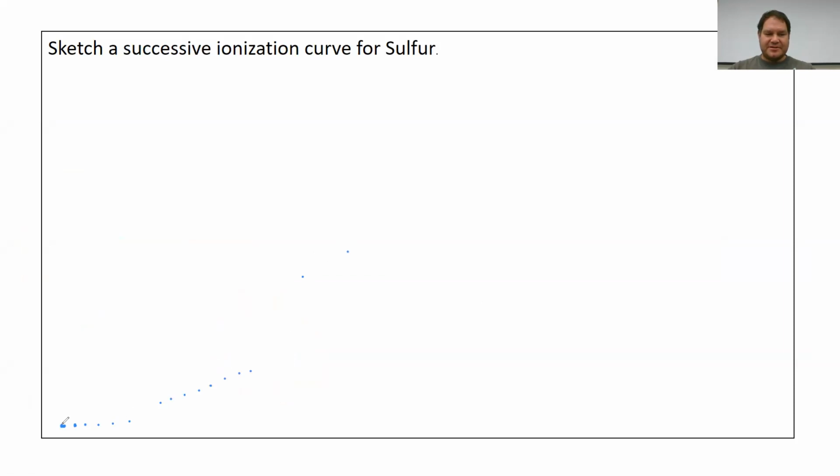So here's our first energy shell, our jump, and then our big jump between the second and first. So something like this. I know it's a crude, rough draft copy, but you get the idea. So that is the successive ionizations for sulfur.